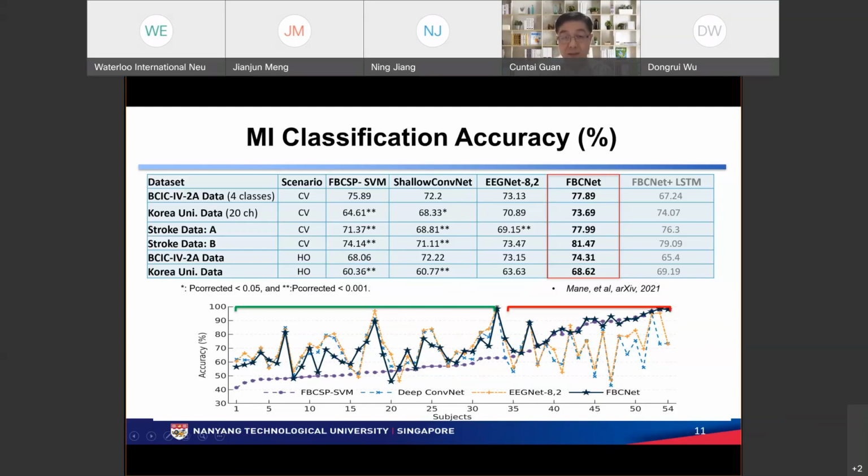So we create a direct variance layer, which leads to this behavior, which is better compared to the other end-to-end deep learning models. And finally, the high-level temporal layers, the last part, push up maybe 2% from the original FBC net without the high-level temporal layer to these final results.